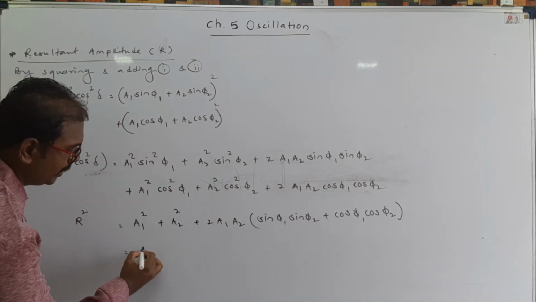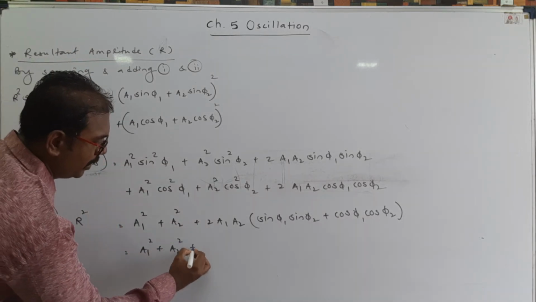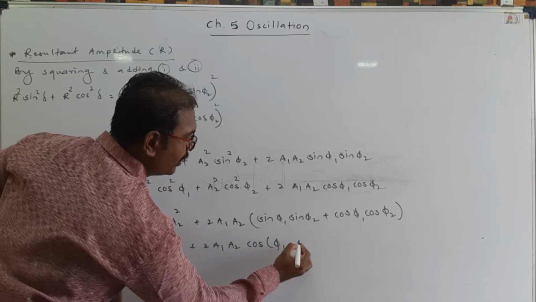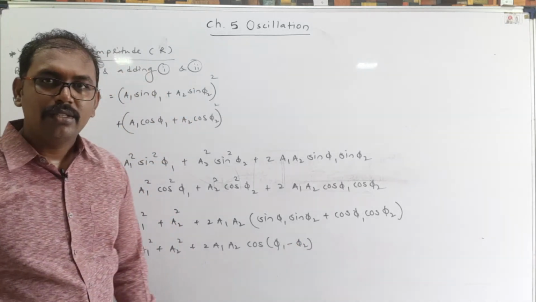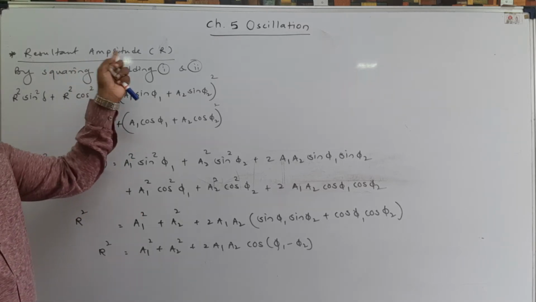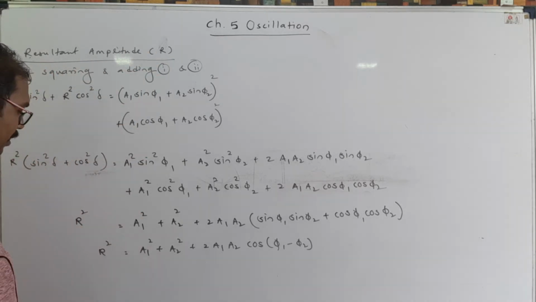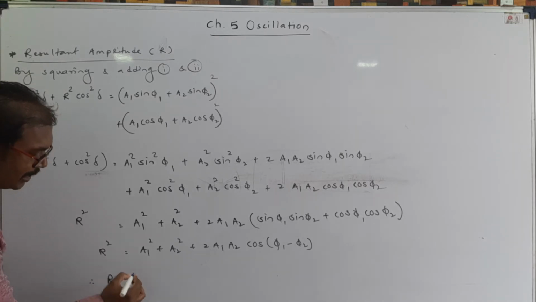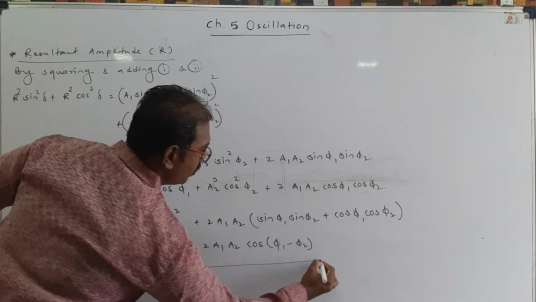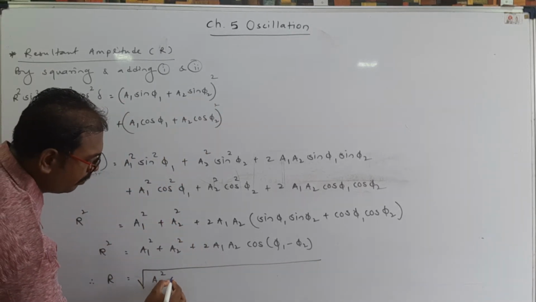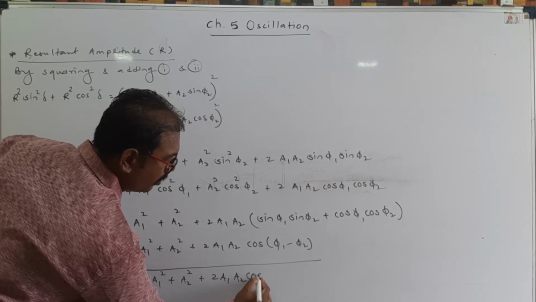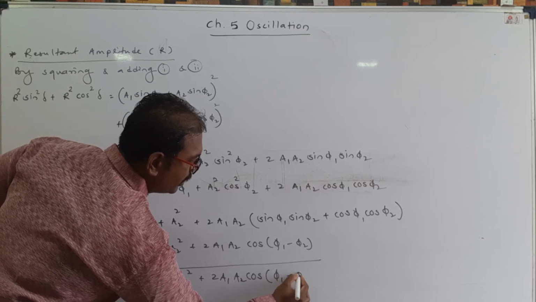Now this is the expansion of cos of phi 1 minus phi 2. So I can write this as a1 square plus a2 square plus 2a1 a2 into cos of phi 1 minus phi 2. So here we get r square. But we have to obtain the resultant amplitude r. Hence r is equal to under root a1 square plus a2 square plus 2a1 a2 cos of phi 1 minus phi 2.